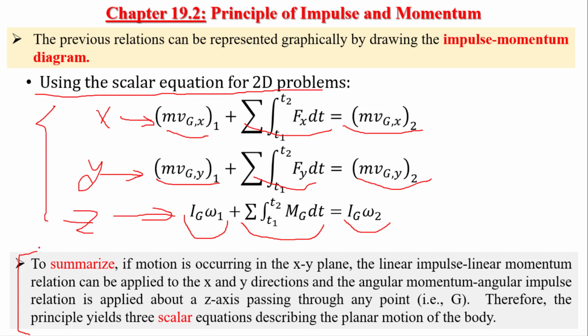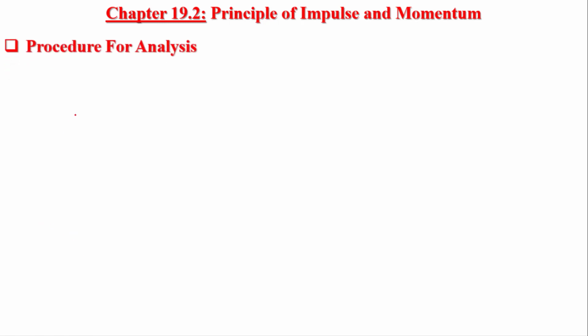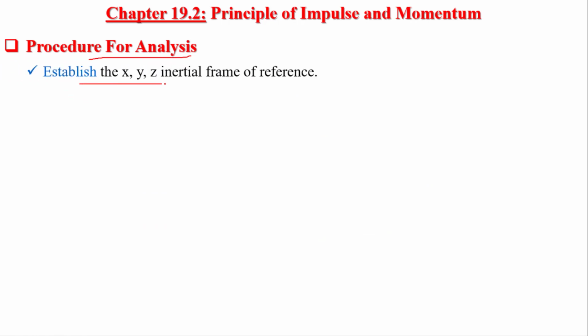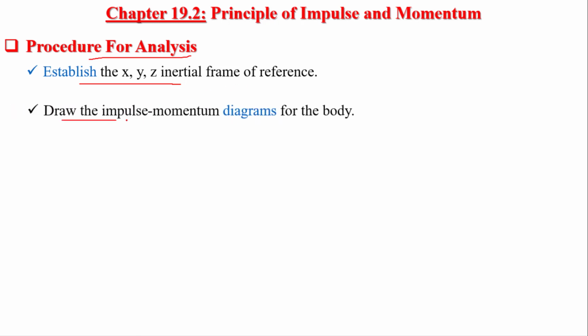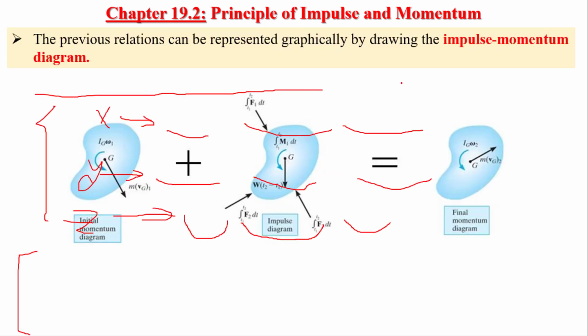Okay, procedure for analysis. Establish the XYZ inertial frame of reference. Draw the impulse diagram. Here we must assume the positive directions as usual. For example, you can adopt any directions as positive. Draw the impulse momentum diagrams like this one. This is the diagram.